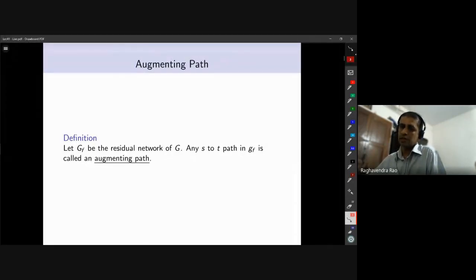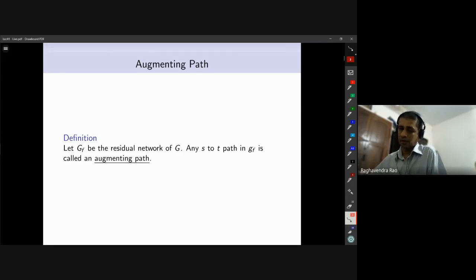So we constructed the residual network of a graph. Basically, we assume that the graph is such that between a pair of vertices we don't have edges in both directions, so only one-direction edges are allowed.